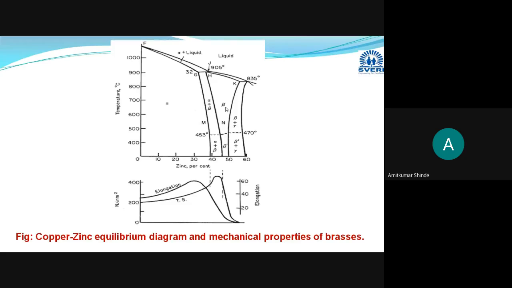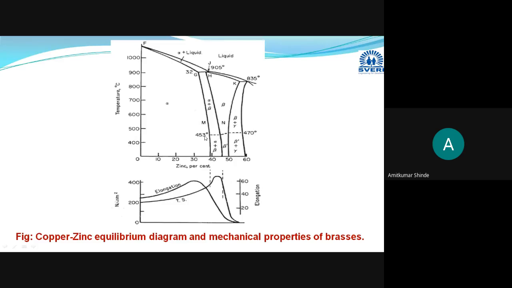You're getting this beta and beta dash. Above this 453 degrees celsius or 470 degrees celsius, there will be phase beta, and below this beta dash will be there. Means this beta phase will exist in two forms, that is beta and beta dash, depending on the temperature.